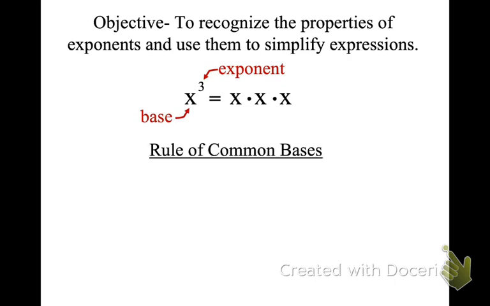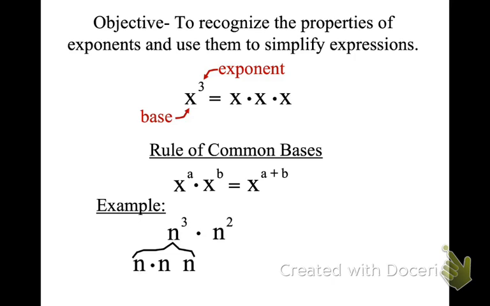Now the rule of common bases is that if we have the same base, x and x, then we can add the exponents. So for instance, if I have n to the third times n squared, instead of expanding that out, which would take a lot of time, you can see that if we expanded it out, we would end up with n to the fifth.